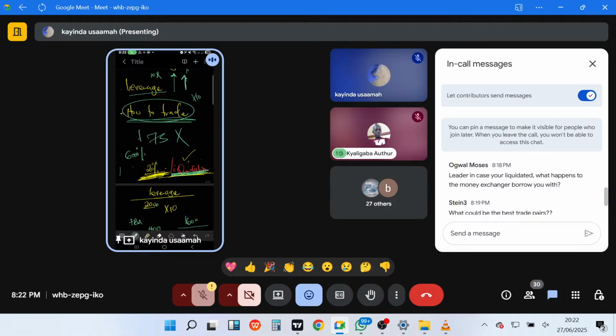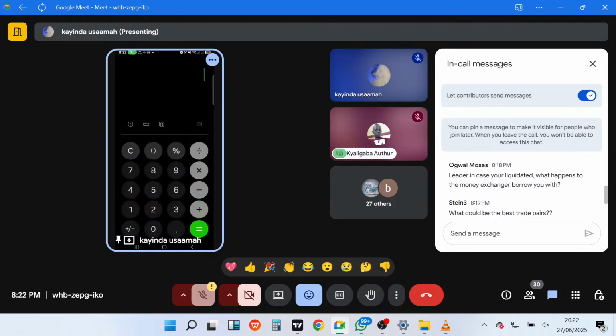He shorted the trade and there was a profit. Imagine $5 times 75. Just $5 is his trading capital. He just borrowed $370. His only capital is $5.